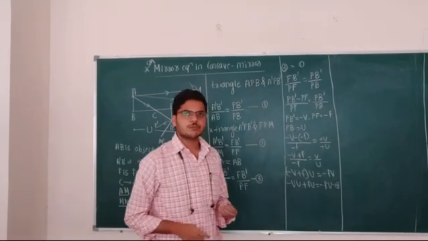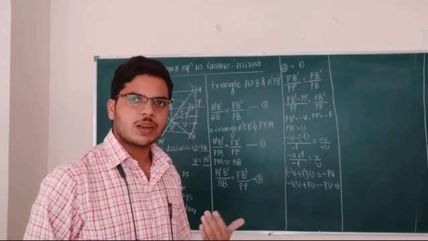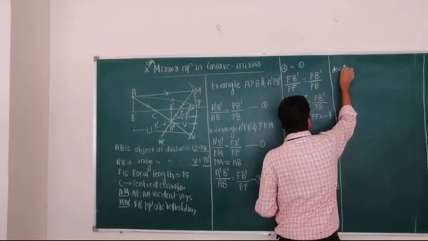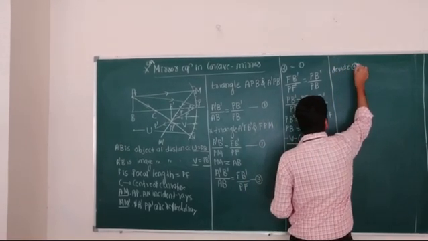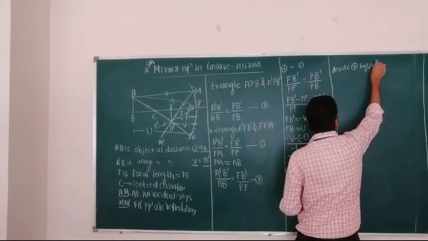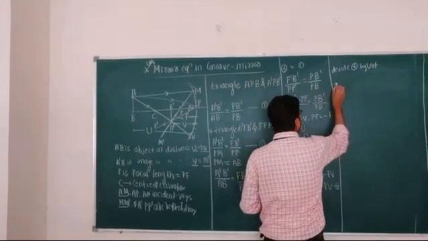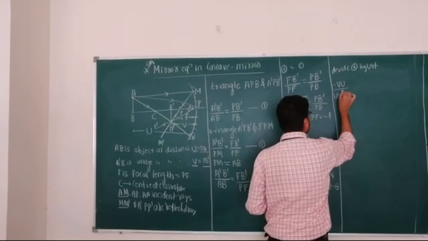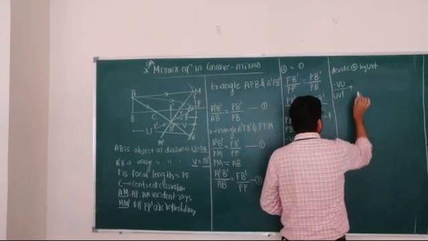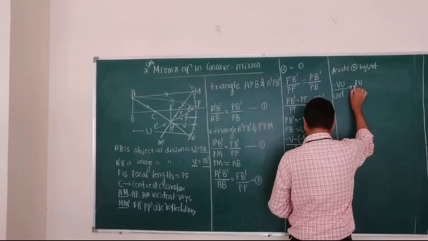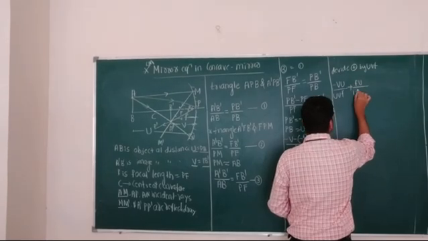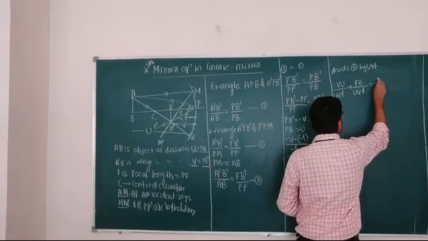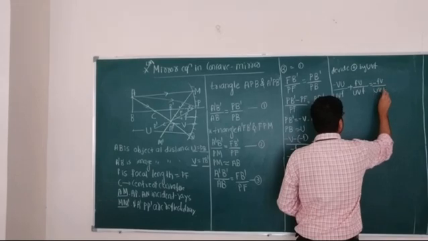Now what you do? You divide equation number 4 by uvf. Then this equation becomes minus vu divided by uvf plus fu divided by uvf is equal to minus fv divided by uvf.